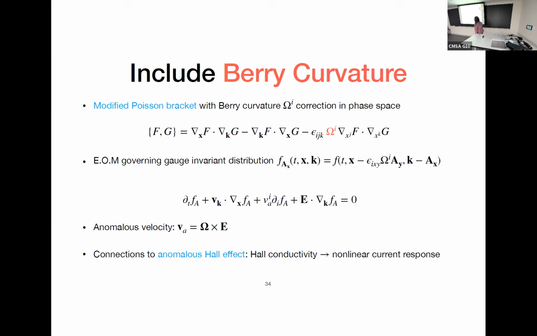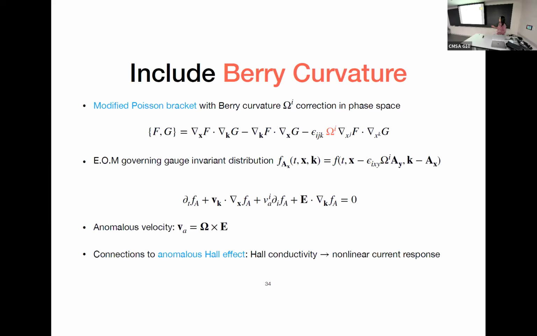As you can see here, if you think about the coordinates to be non-commuting, it will be related with this Berry curvature. And by using this modified Poisson bracket, the equation of motion will be governed by some gauge invariant distribution function. This is the modified equation of motion of the system, where we identify something called anomalous velocity.